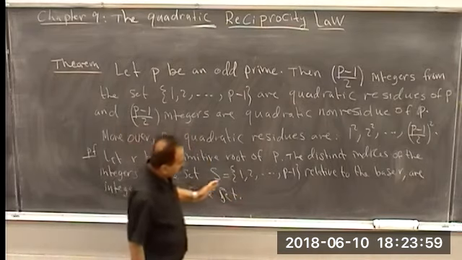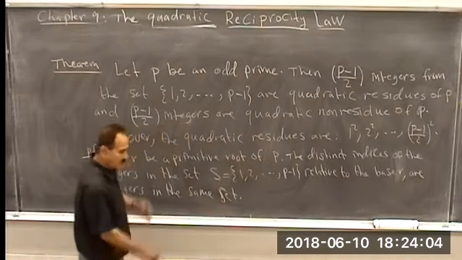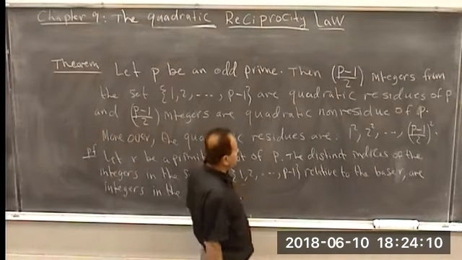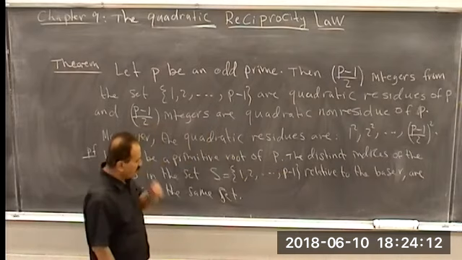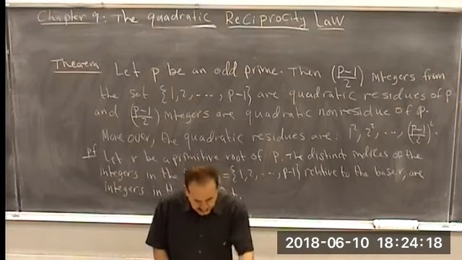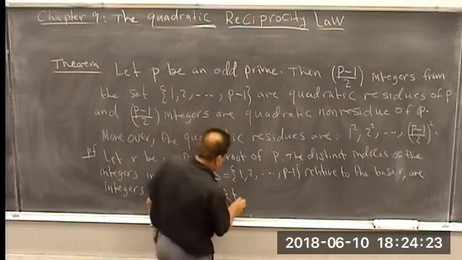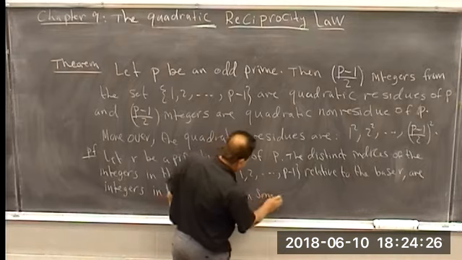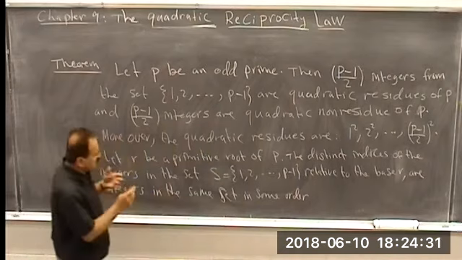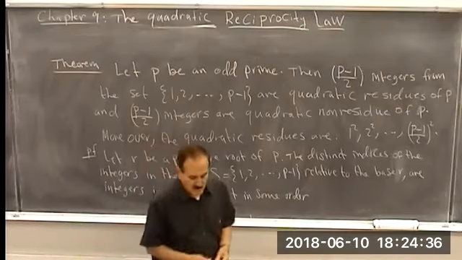So you take the index of any one of these integers, and it's going to be just one of those. If you run through all of these, the indices run through all of these, of course in some order. It's not that the index of 1 is 1 and the index of 2 is 2; it's going to be just a rotation or a permutation of these.